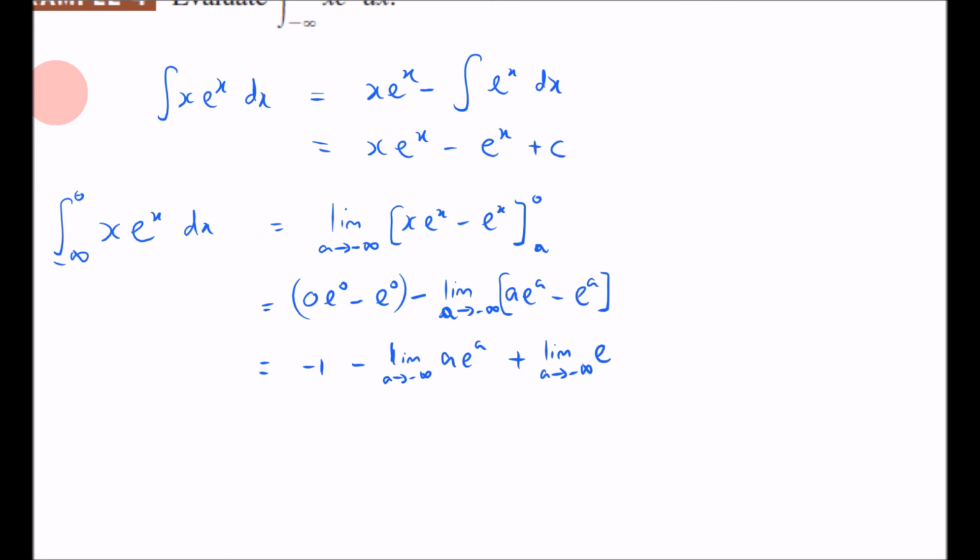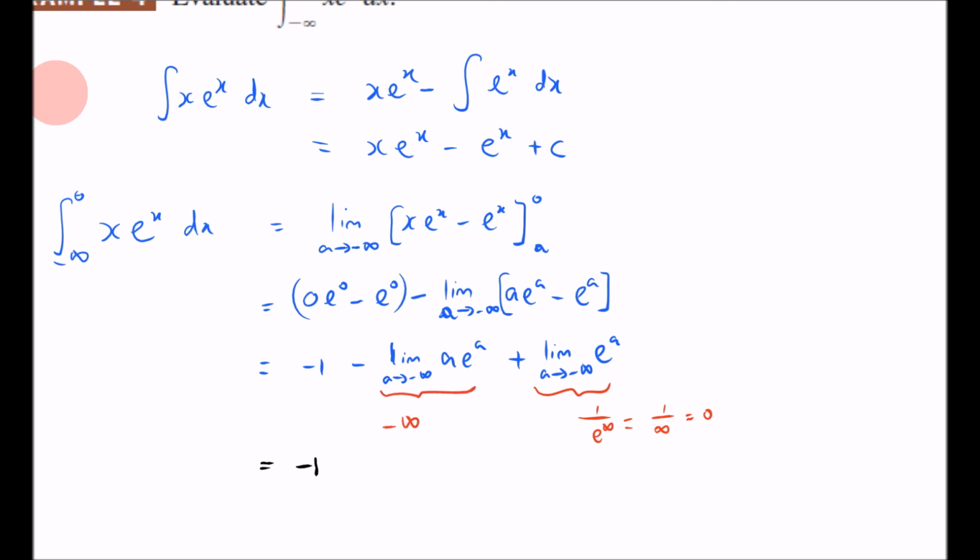Now obviously this one you can see is actually 1 over e to the infinity, which will become 0, so straight away write minus 1. Now this other one will be interesting, because it is minus infinity times e to the power minus infinity.